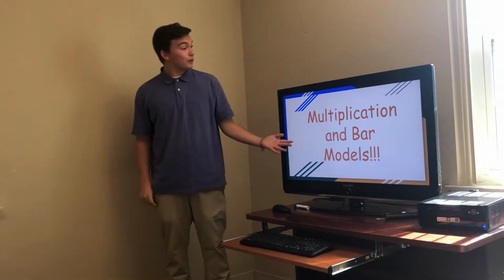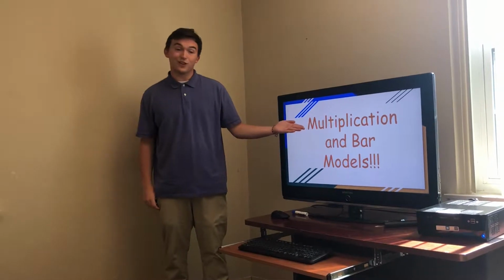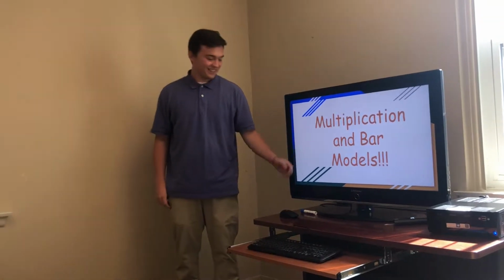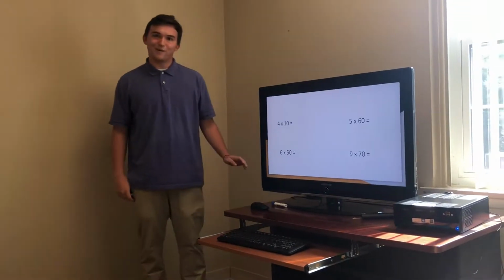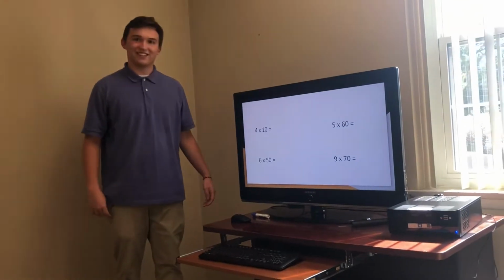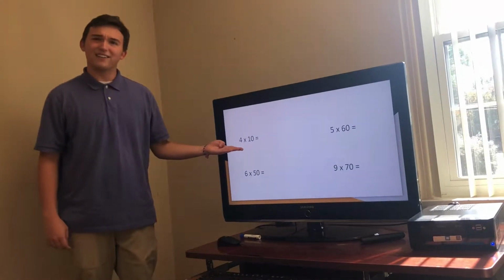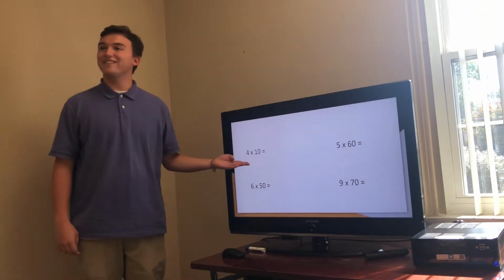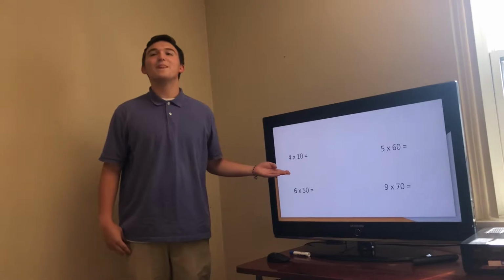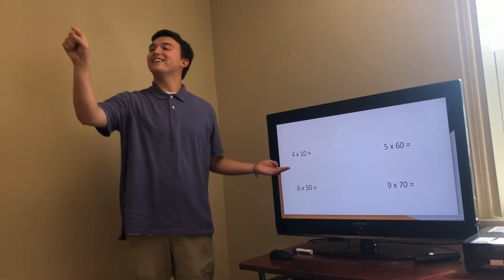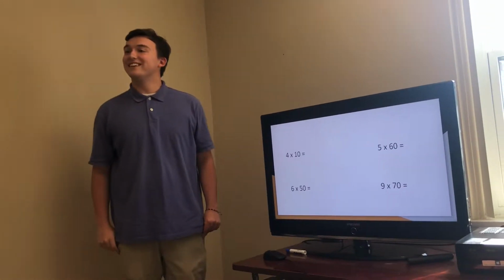Today we'll be reviewing multiplication and we'll be introducing a new topic, bar models. Now before we get into bar models, let's just do a few problems together as a class. 4 multiplied by 10. Not too hard. Does anyone know the answer to that? Anyone? Okay. What do you think it is? 40.